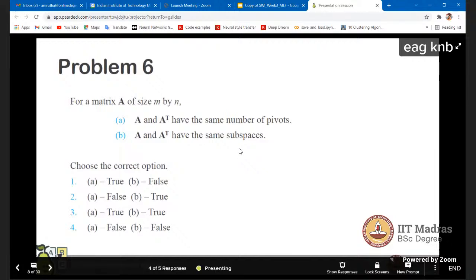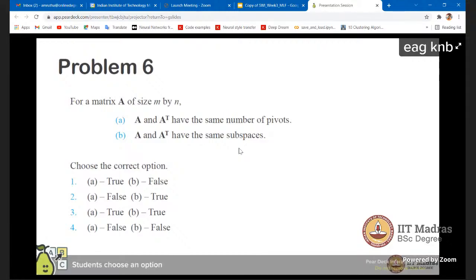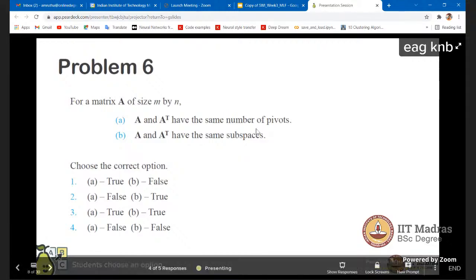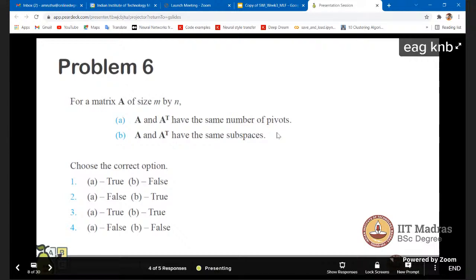No, actually, the same matrix is transposed, you know. So we are transposing the same matrix. The matrix and its transpose have the same columns and there is no change between the column or row. So in that case, if you consider, it will have the same number of pivots.